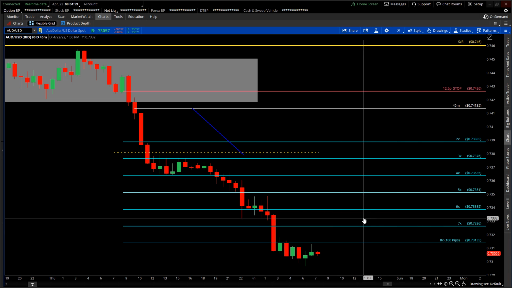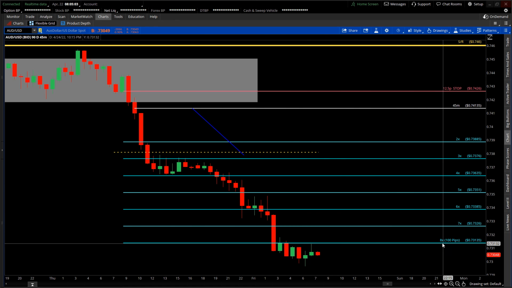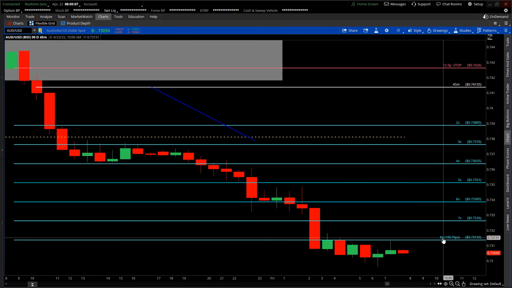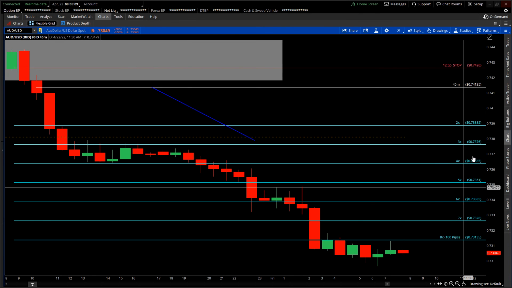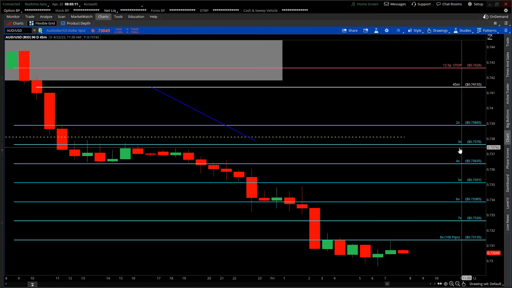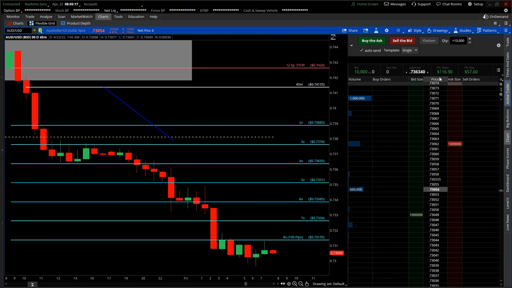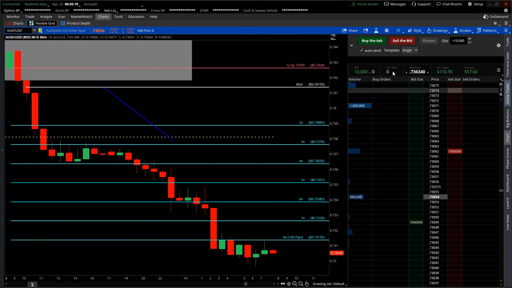But in any case, the trade is a profitable one. So it did hit my 8x target price right here. So each one was a 12.5 pip move between each level. And if I open up Active Trader, I'm officially out of the trade.